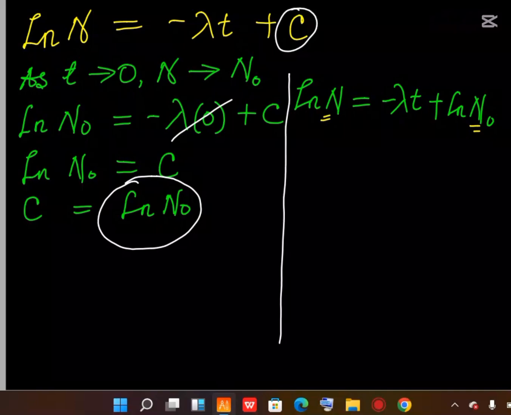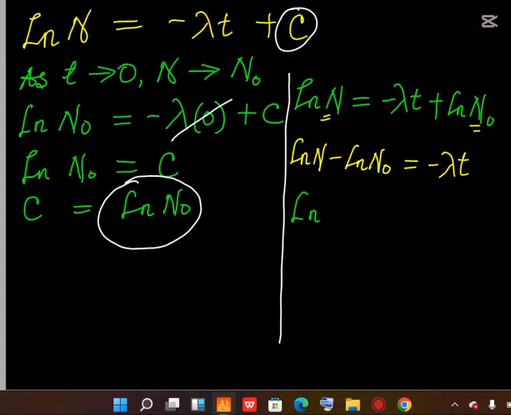We have ln N minus ln N naught equal to negative lambda t. That is, ln of N divided by N naught is equal to negative lambda t.